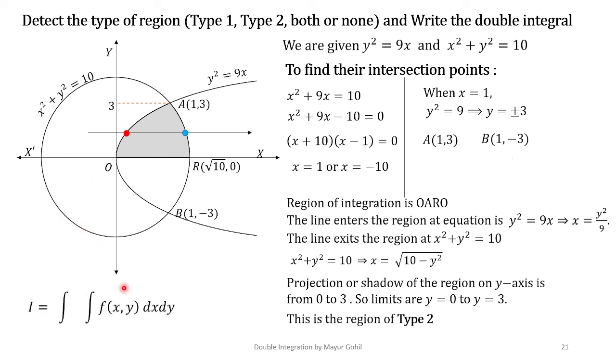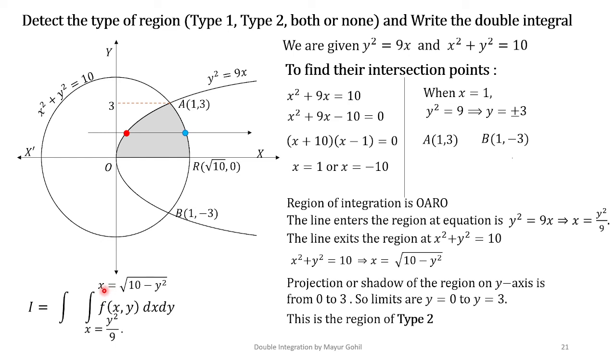While writing the double integral, remember that since a function is not given, we write the general function f of x comma y, and its order is going to be dx dy. The innermost integral will have the limits of x, which are variable limits. The lower limit is x equals y square over 9, and the upper limit is the exit point, the blue point, at x equals square root of 10 minus y square.